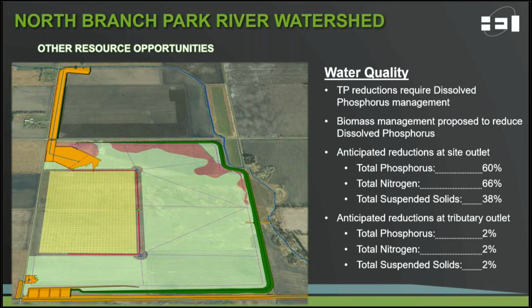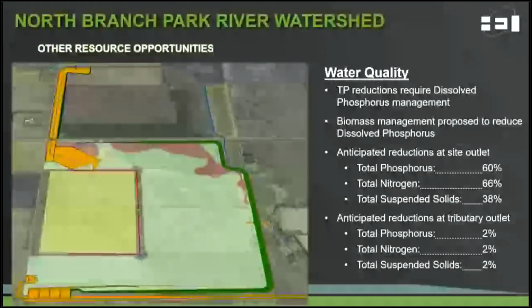So it's applying those, assuming that we have similar management practices within the site to attain those goals, but pretty massive phosphorus reduction potential within the site. Obviously, when we get down to the tributary outlet, those percentages drop quite a bit, but it's a step in the right direction, if you will, if we're able to accomplish that.